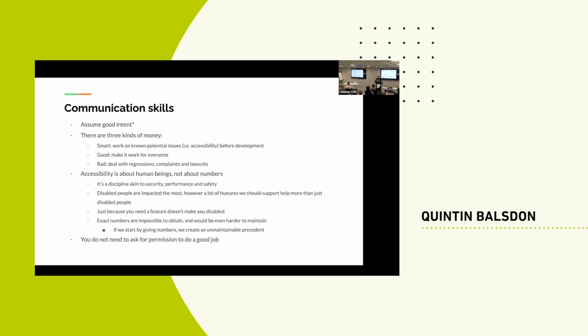And just because you need a feature doesn't make you disabled. You could be left-handed. You could have smaller hands. You might have turned off color for whatever reason to just be a better phone user. A lot of people turn off their colors to make phones less distracting. There's a lot of good reasons why you would need accessibility features without being disabled.